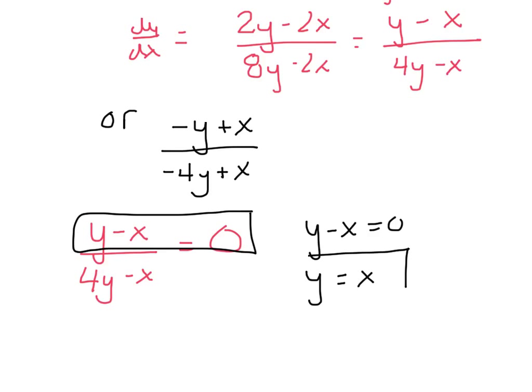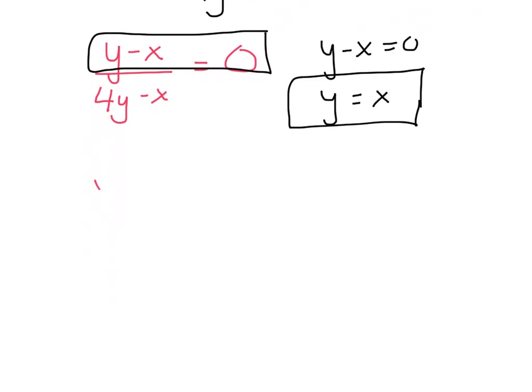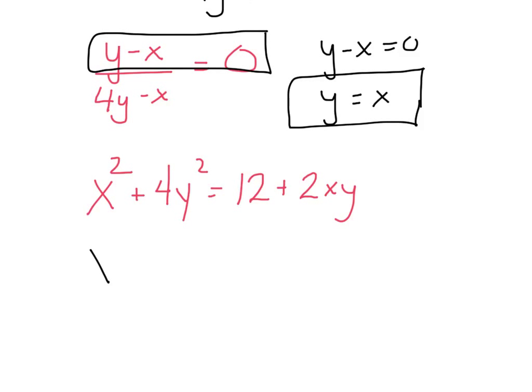Now, I need to go get points, and ask yourself, where do you always substitute in to get your points? Well, of course, you substitute back into the original. So our original was x squared plus 4y squared equals 12 plus 2xy. And I'm substituting back in. Now, since y equals x, it doesn't matter which way you go. I'm going to go with all y's here.